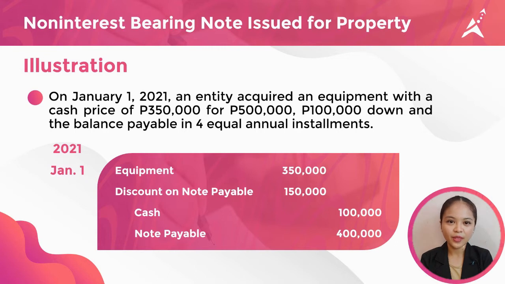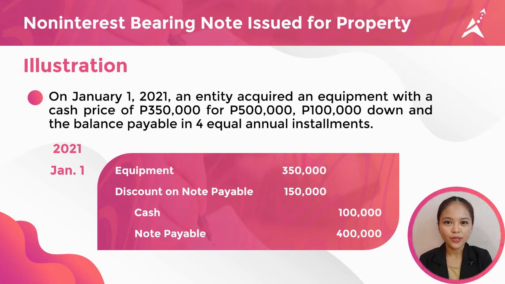On January 1, 2021, an entity acquired an equipment with a cash price of 350,000 pesos for 500,000 pesos and 100,000 pesos down and the balance payable in 4 equal annual installments. For this illustration, the journal entries for 2021 are the following. For January 1, we will debit equipment for 350,000 pesos which is its cash price.